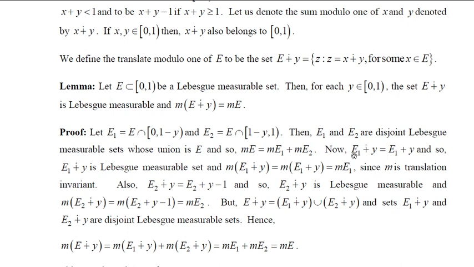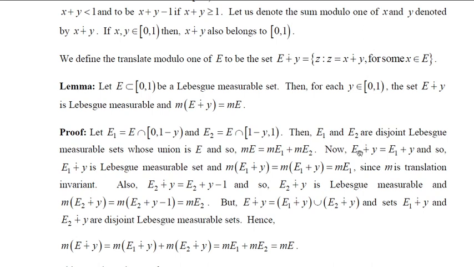Now the translate modulo of E1 is E1 plus y itself, because here any element which belongs to E1 is greater than or equal to 0 and less than 1 minus y, so that x plus y will always be less than 1.